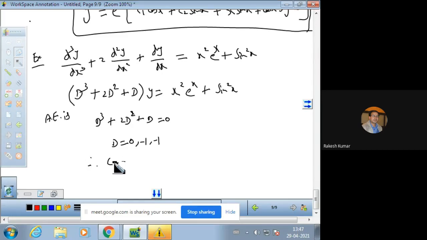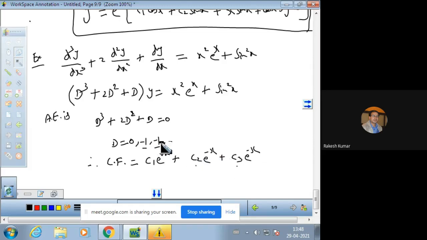With the help of these roots, you will be able to write down the complementary function. So that will be c1 e raised to power 0, this is the 0 root, plus c2 e raised to power minus x plus c3 e raised to power minus x. Now the roots are repeated with multiplicity 2. Because this gives us the same term, constant e raised to power minus x, constant e raised to power minus x.